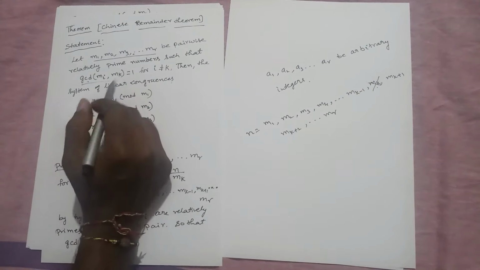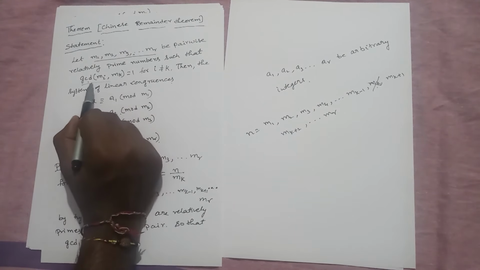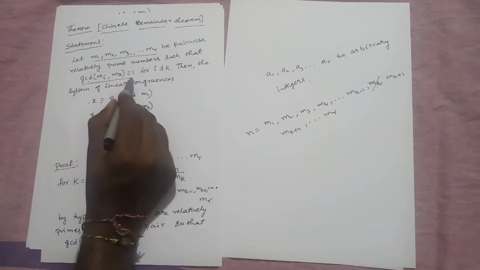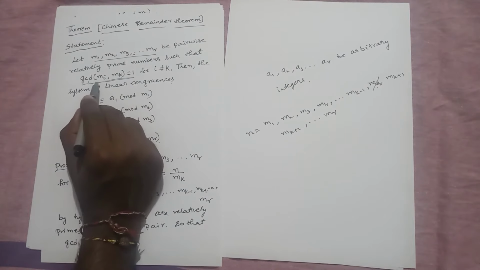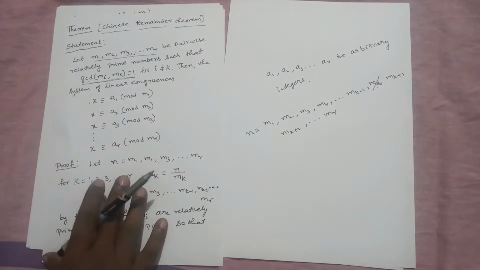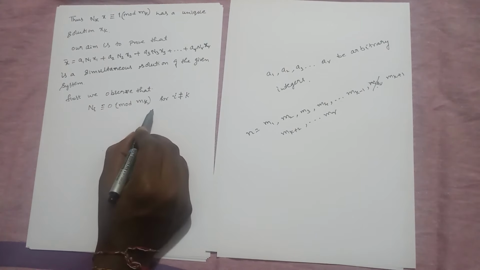For i not equal to k, we are writing this linear congruence using the definition of congruences. So we will get this.